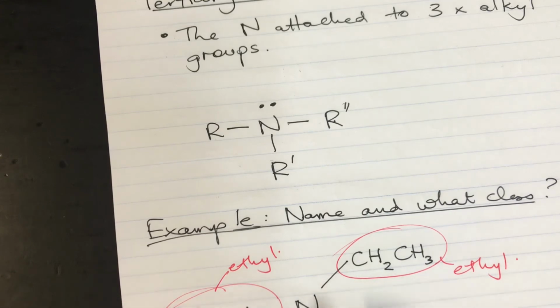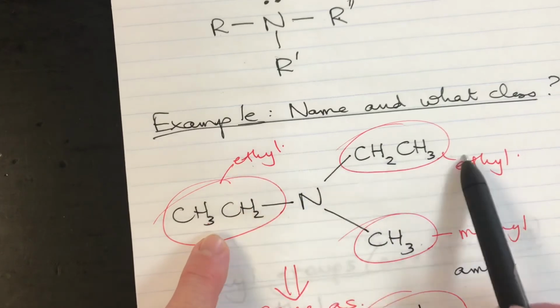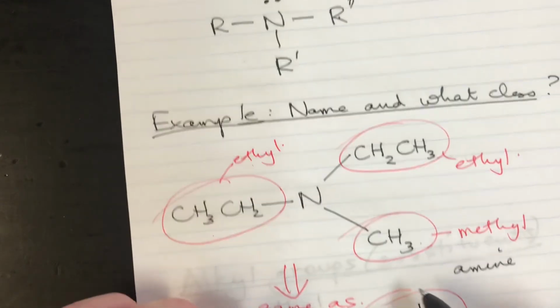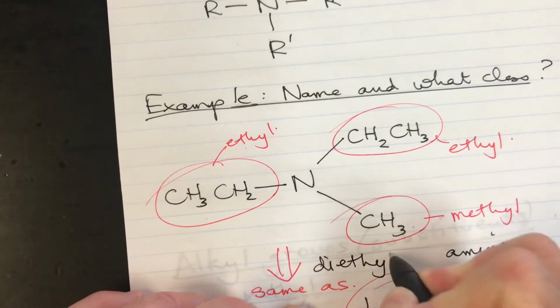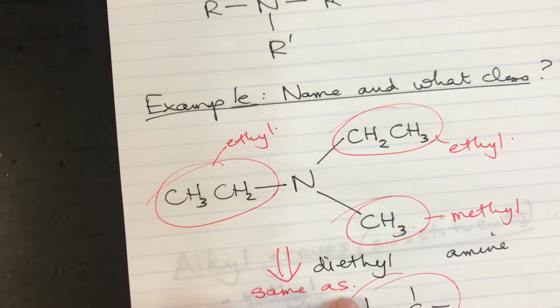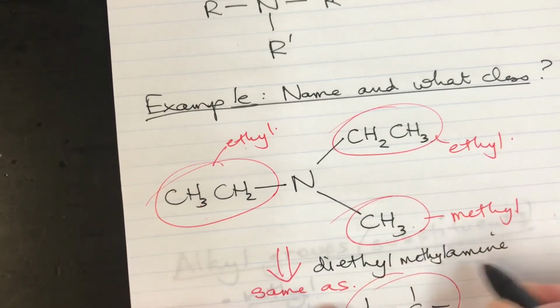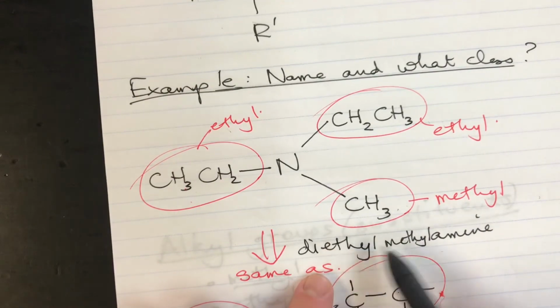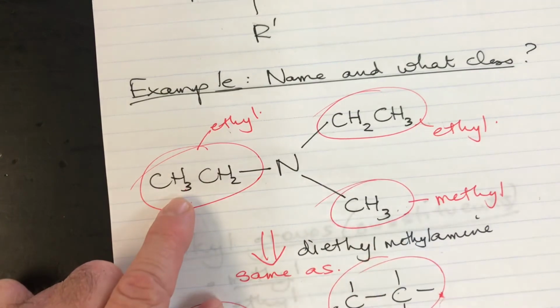And don't forget to include the multiplier. In this situation, the multiplier is for ethyl groups. There's 2 of them. So this becomes diethylmethylamine. Diethylmethylamine. 2 ethyls, 1 methyl.